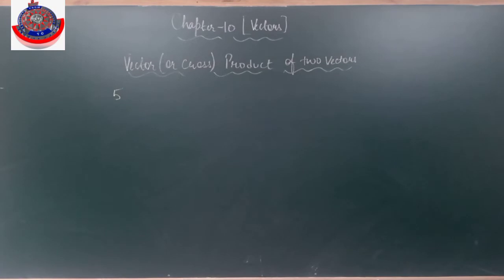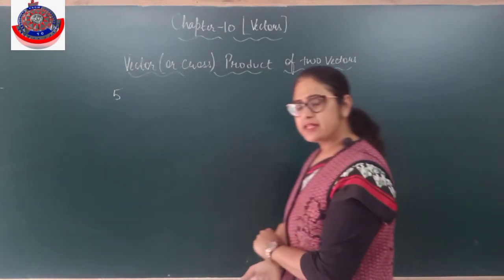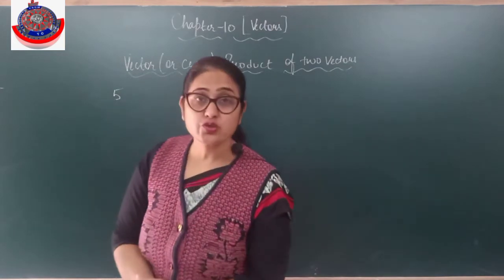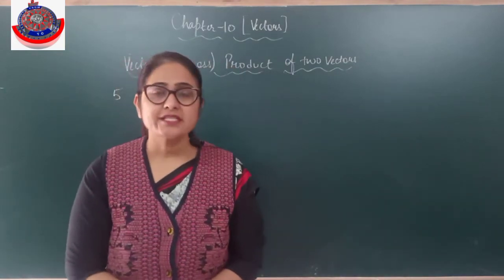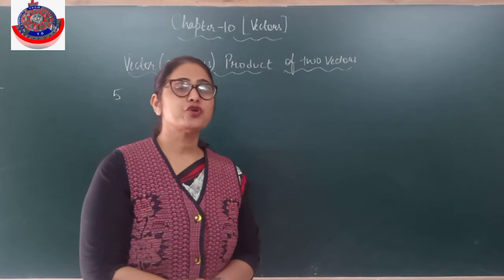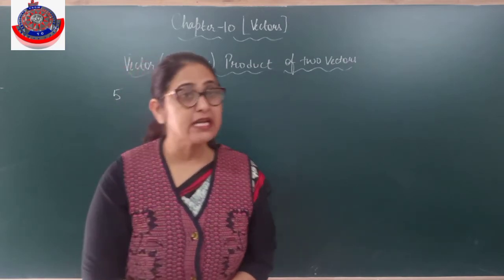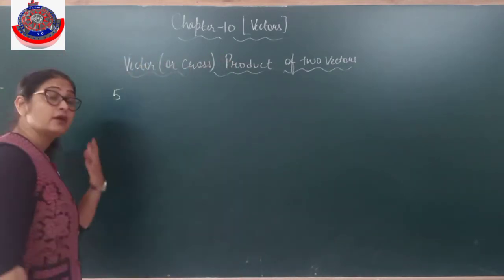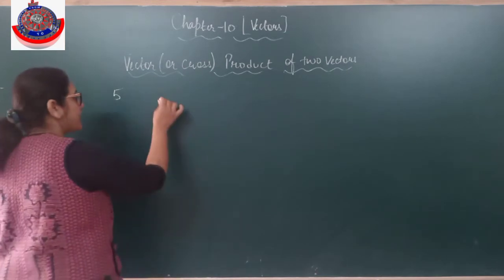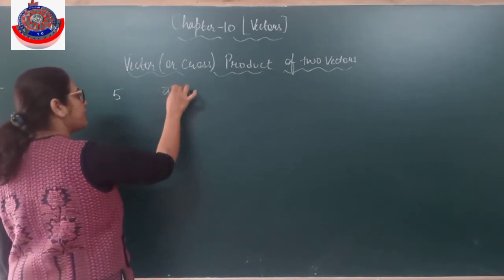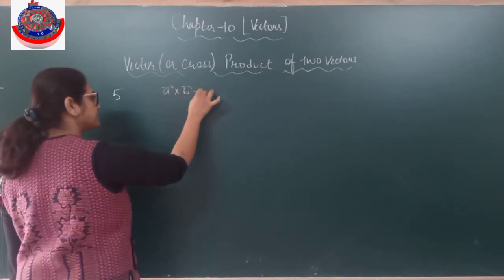The next point is to find the angle between two vectors. Remember, we found the angle between two vectors through scalar product also. What was cos theta? A vector dot b vector divided by magnitude of a into magnitude of b. Is it clear? The same way, from the cross product also we can find the angle. We know that a vector cross b vector equals magnitude of a, magnitude of b, sine theta, n cap.